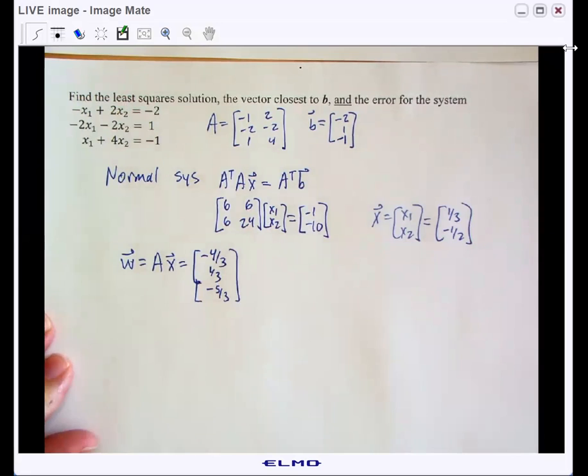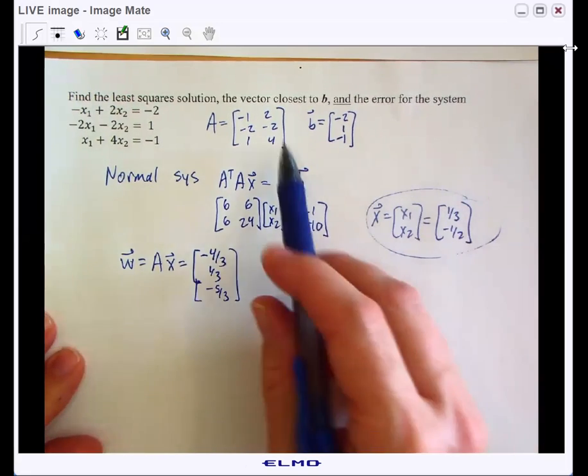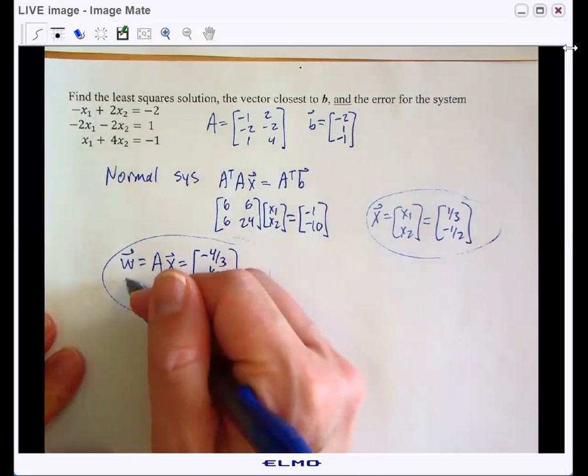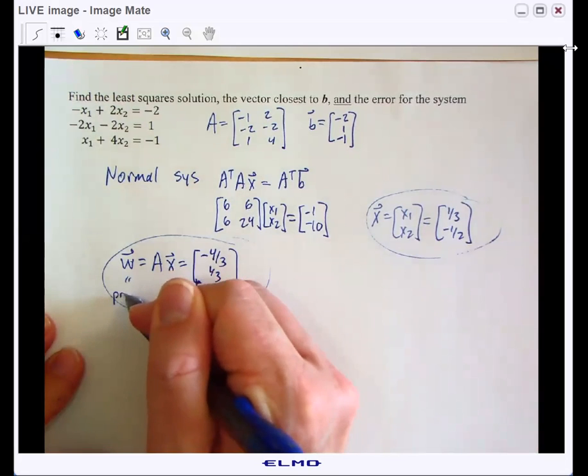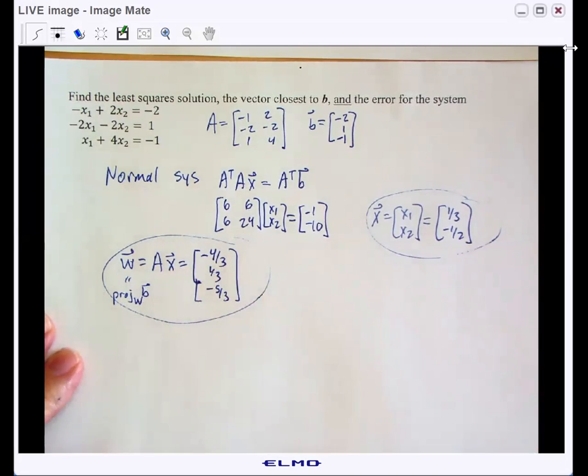And so we want to find the least squares solution. We've done that. We want to find the vector that's closest to B. That's W, which again is the orthogonal projection of the B vector onto the column space.